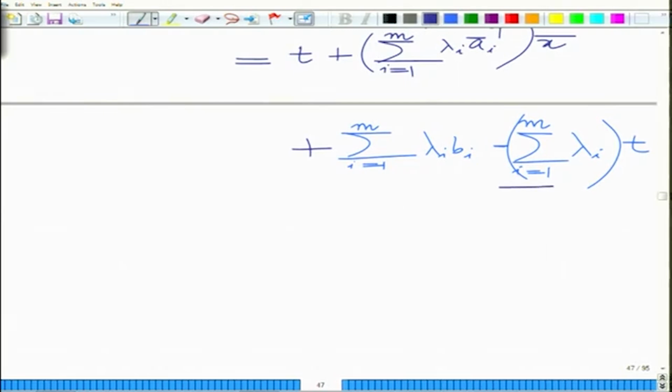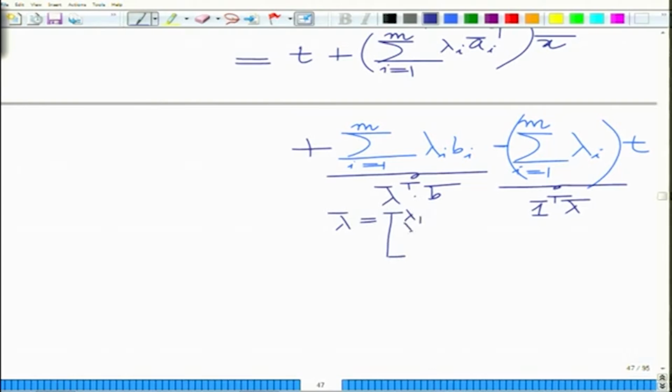And now, if you look at this, the summation of lambda i is 1 bar transpose lambda bar, and this summation lambda i bi you can write as lambda bar transpose b bar. I think you know what the definitions of these are. Lambda bar is the vector of lambda 1, lambda 2, up to lambda m, b bar is a vector of b1, b2, up to bm, and so on.